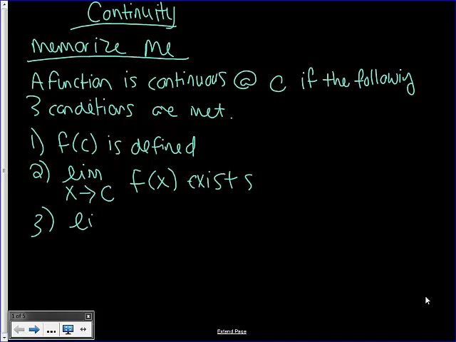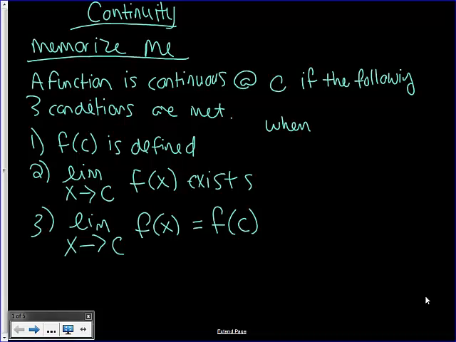3, the limit as x approaches c of f of x is equivalent to the y value. What that means is, at point c, it has a y value. So when x equals c, the first one means there is a y value.